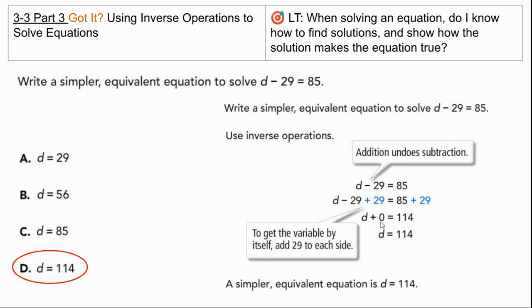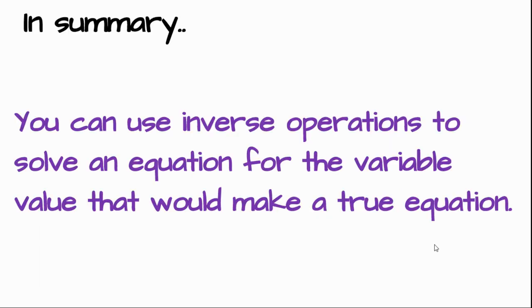That's a zero pair. 85 plus 29 is 114. Next line down, 114 is 114. d plus 0 is d, so d equals 114. The simpler equivalent equation is d equals 114. We would check that by substituting in that 114 for d and subtracting the 29.